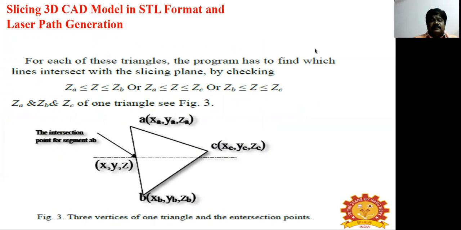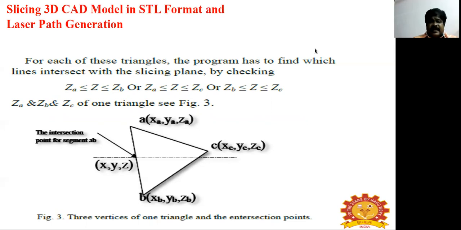You can see the figure: the three vertices of one triangle and the intersection points. A is XA, YA, ZA. B defines XB, YB, ZB. C is XC, YC, ZC. For each of these, the program needs to find out the lines which intersect with the slicing plane.